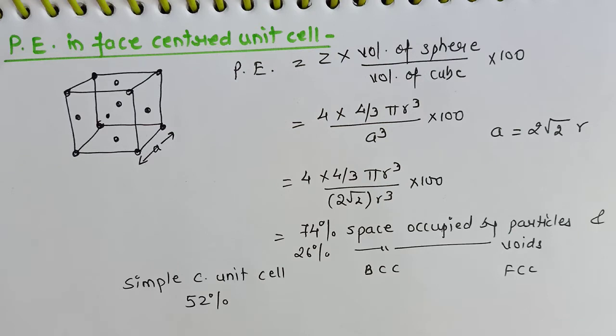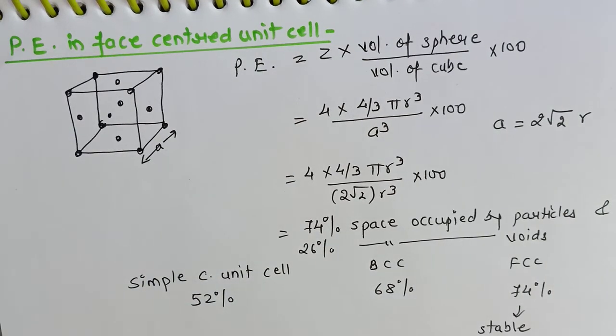In body centered unit cell, it is 68% and in FCC, it is 74%. We know the solid becomes stable when it is tightly packed, and therefore face centered cubic unit cell is the most stable arrangement because of the high packing.